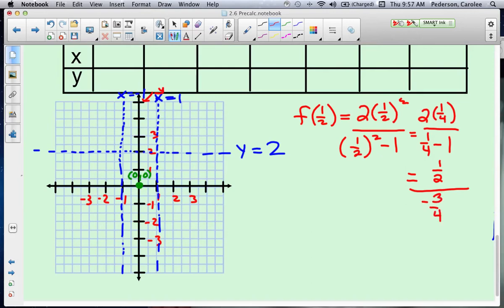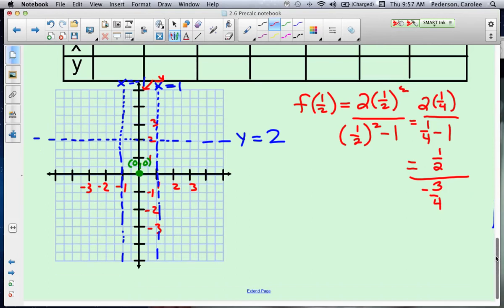So I have a fraction dividing a fraction. So I can keep that 1/2, change that division to multiplication, and reciprocate that denominator as negative 4/3. Now I can multiply across as negative 4/6 or negative 2/3.